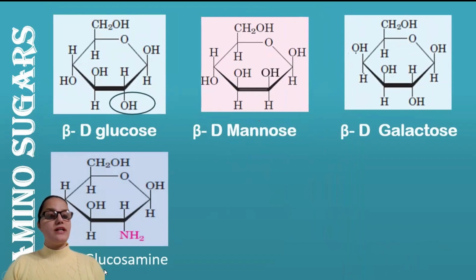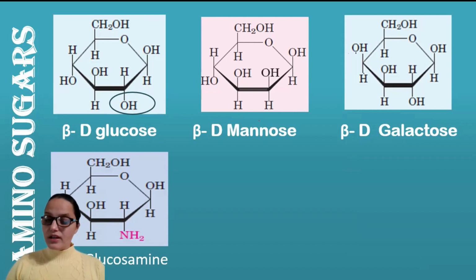It can be called glucosamine because it has been derived from beta-D-glucose, so that's why it is beta-D-glucosamine, right? It could be alpha-D-glucosamine if we had done the derivation from alpha-D-glucose. But beta, as we know, is the most abundant form of glucose. That's why we are doing the beta form.